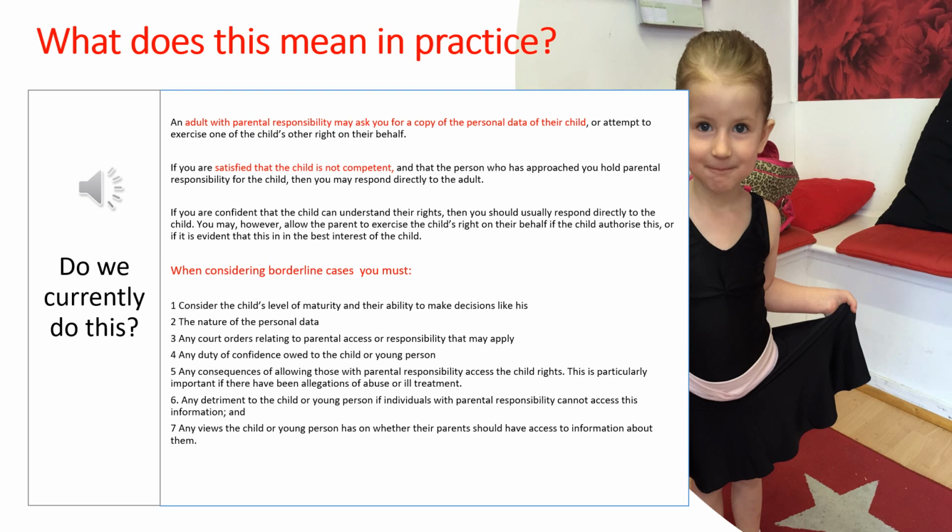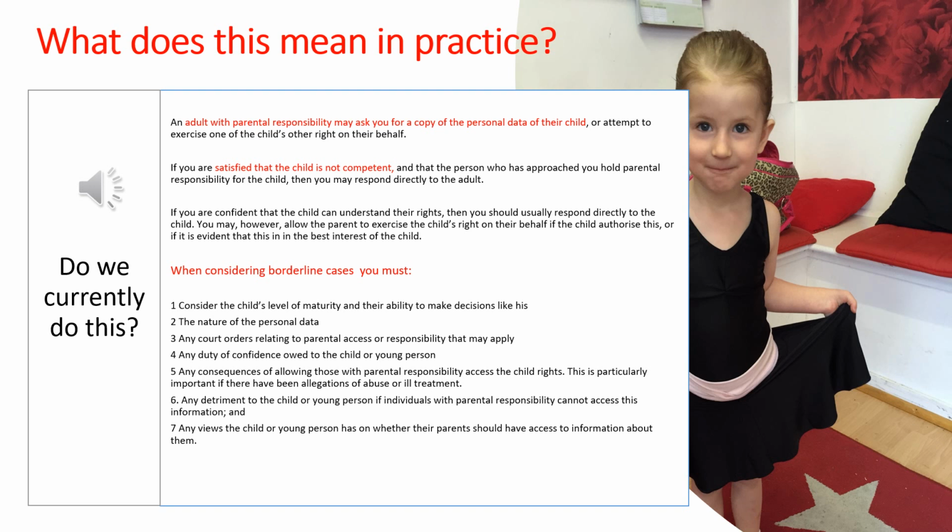If you are confident that the child can understand their rights, then you should usually respond directly to the child. You may, however, allow the parent to access the child's rights on their behalf if the child authorises this, or it is evident that this is in the best interest of the child. Let's look at the borderline and what you must consider.